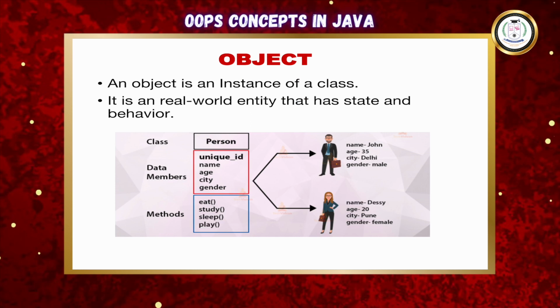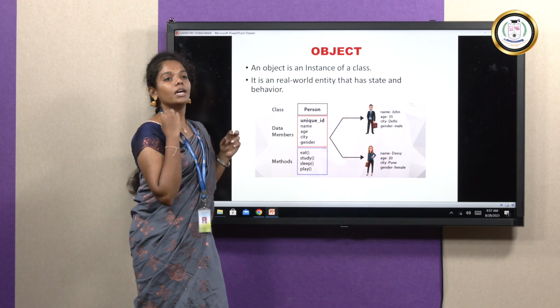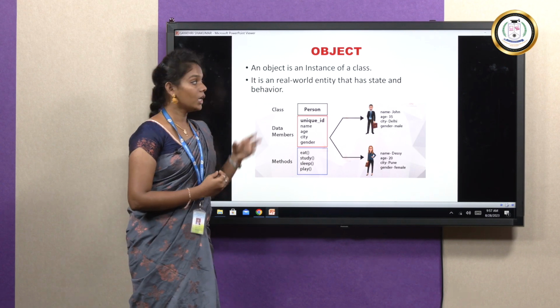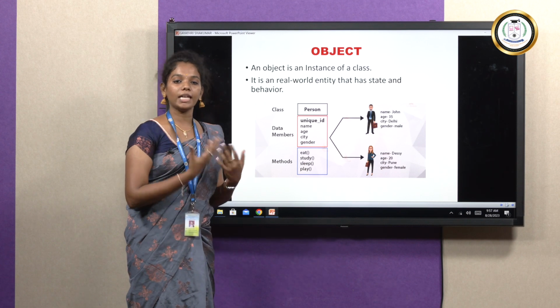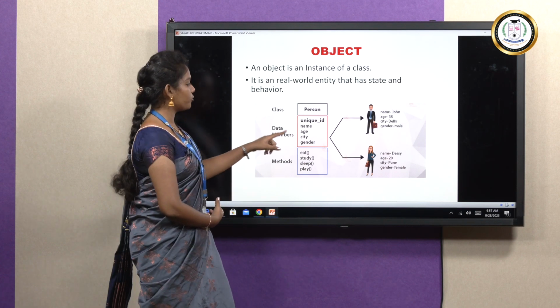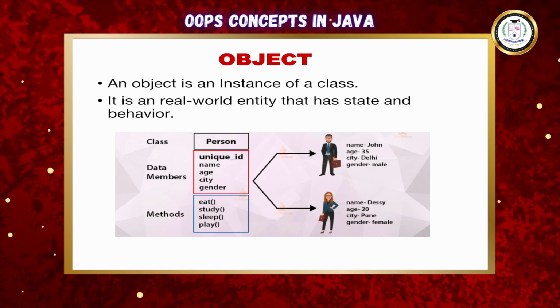An object is an instance of a class. Instance in the sense of real world objects. It is a real world entity which can have both states and behaviors. For example, we are using a person, and here we have a name, age, city and gender. Here I am going to specifically mention John, 35, who belongs to the city Delhi and is male.